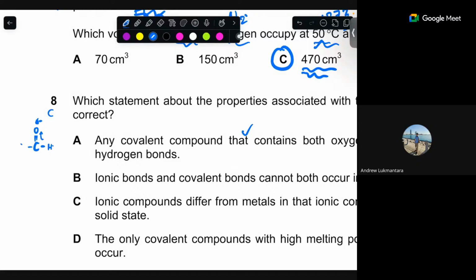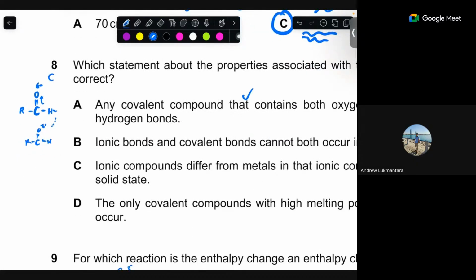So if you have an aldehyde and another aldehyde, there is going to be delta negative, but H is not delta positive, so there is not going to be any hydrogen bonding there. Unless, for example, you have C double bond OOH, in which case the electron is pulled by the oxygen.